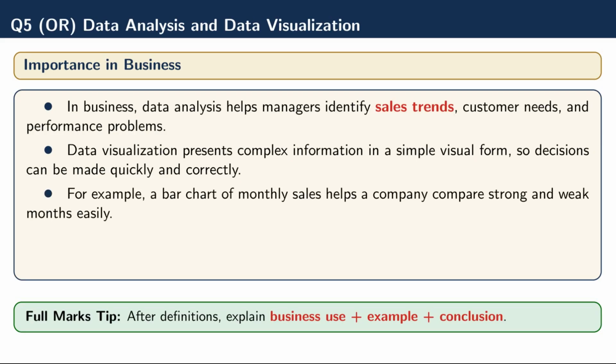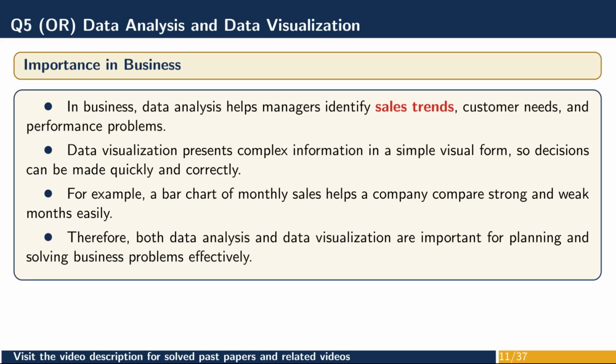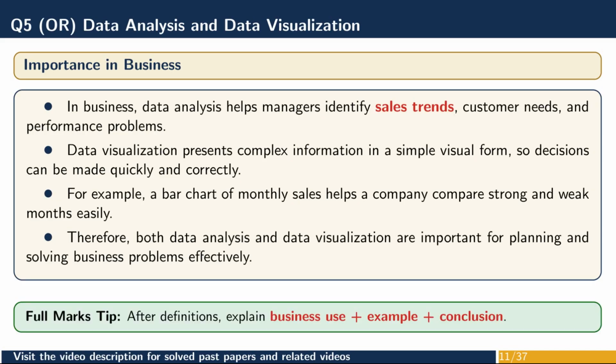For example, a bar chart of monthly sales helps a company compare strong and weak months easily. Therefore, both data analysis and data visualization are important for planning and solving business problems effectively. How to get full marks? After definition, explain business use, example, and conclusions.